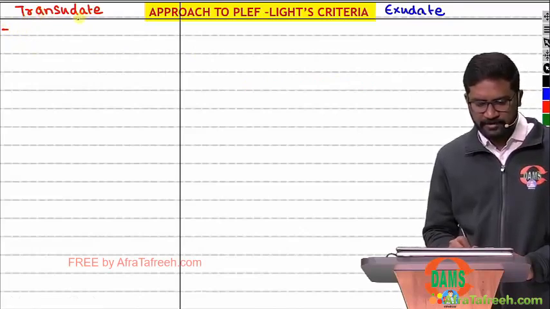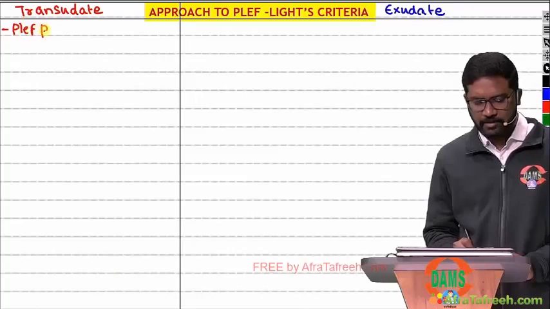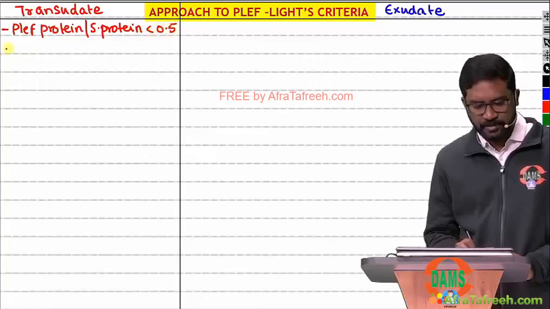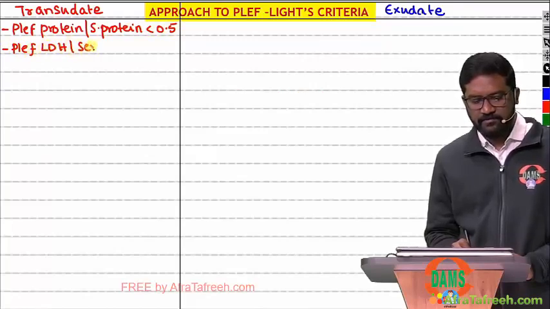According to Light's criteria, pleural effusion protein by serum protein less than 0.5, pleural effusion LDH by serum LDH less than 0.6.